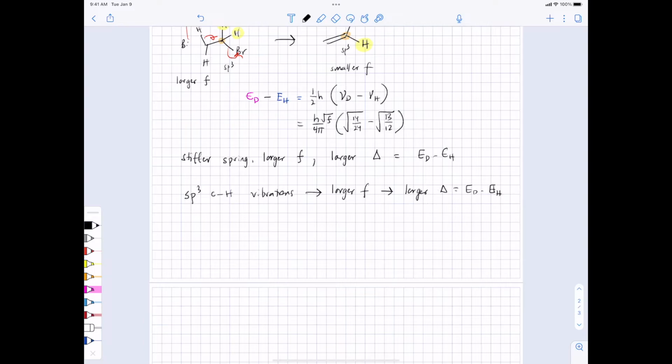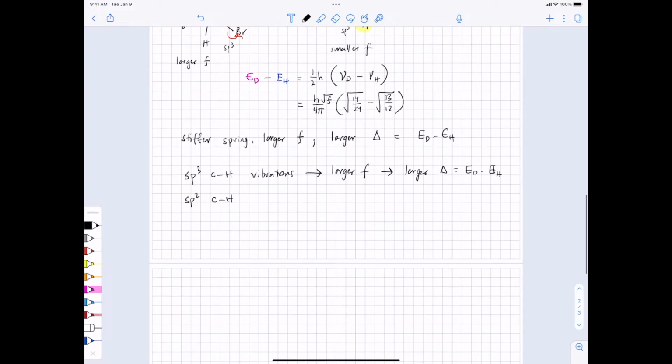And we could say similarly that sp2 carbon-hydrogen vibrations have smaller force constants, smaller energy differences between deuterium and hydrogen.